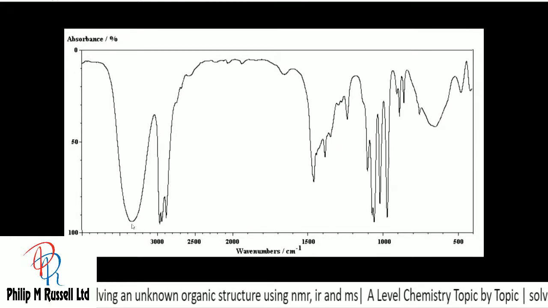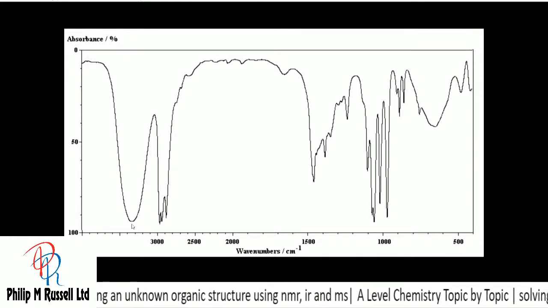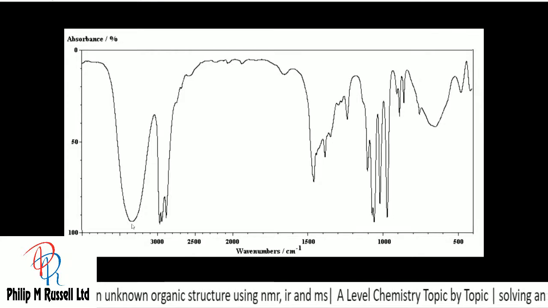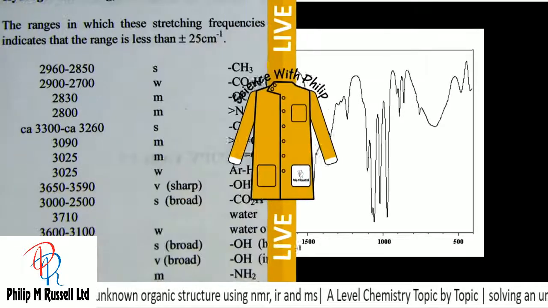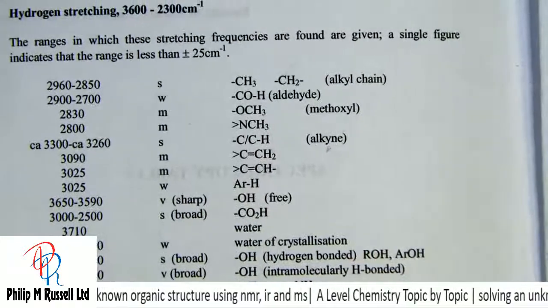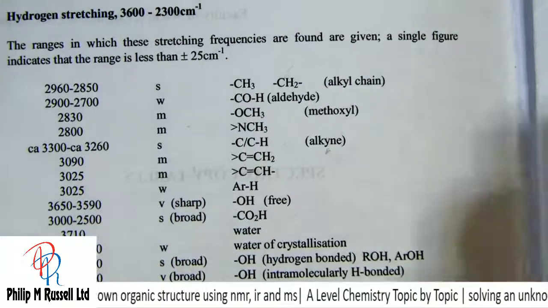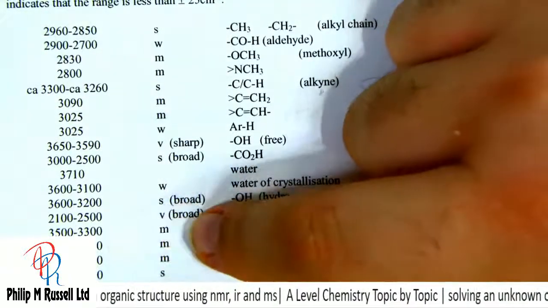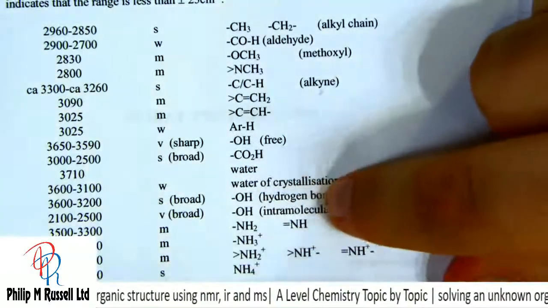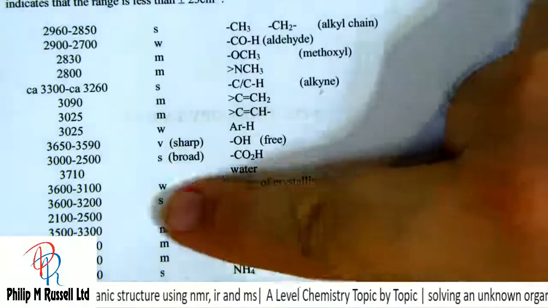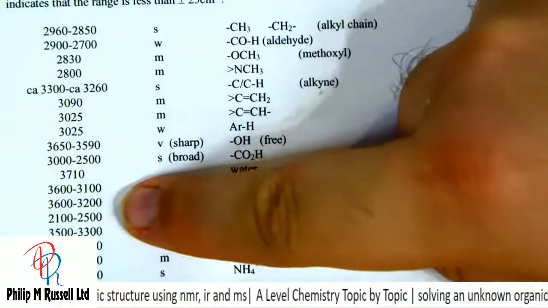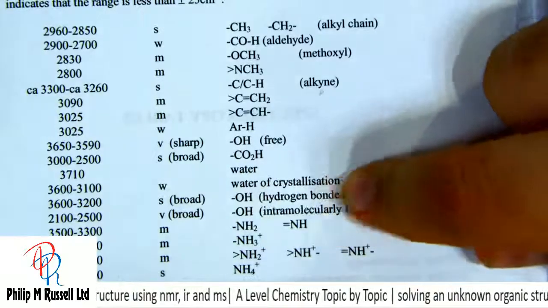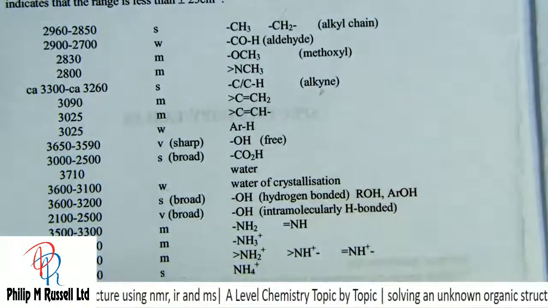I'm cheating because I know what this is actually looking at, because I've seen this one so many times before. So 3304, which is down here approximately. Oh look, it's this one here. It's a broad peak, so it's an OH. So this looks likely an OH.